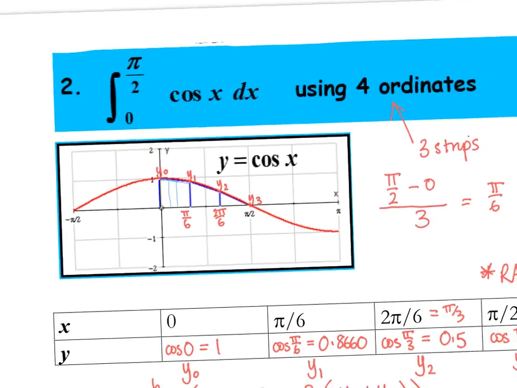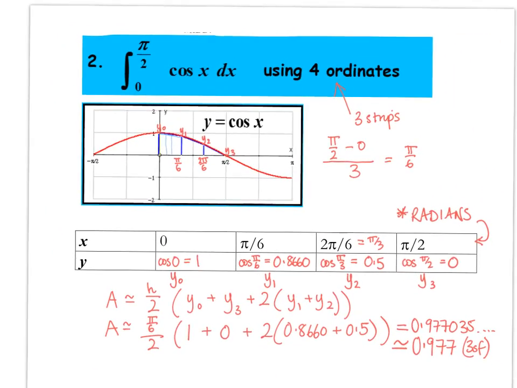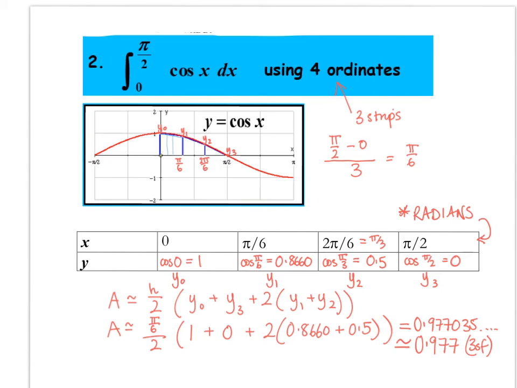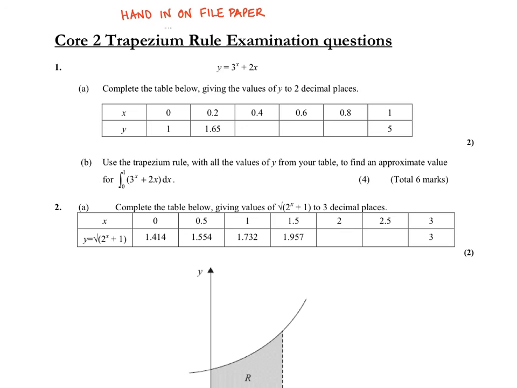If we look back at what we got there, we can see that's using the trapezium rule. There are a few questions here for you to do as well, to hand in on file paper. What usually happens is we have a table of values and you're asked to fill these in. Your y's are called your ordinates. Here our h is 0.2, so we can put that into our formula.